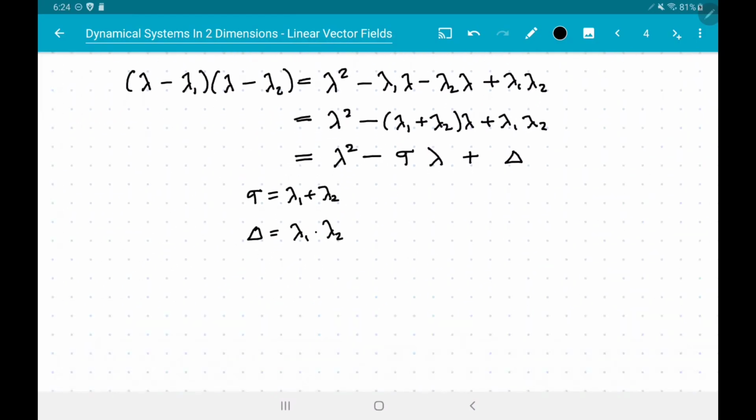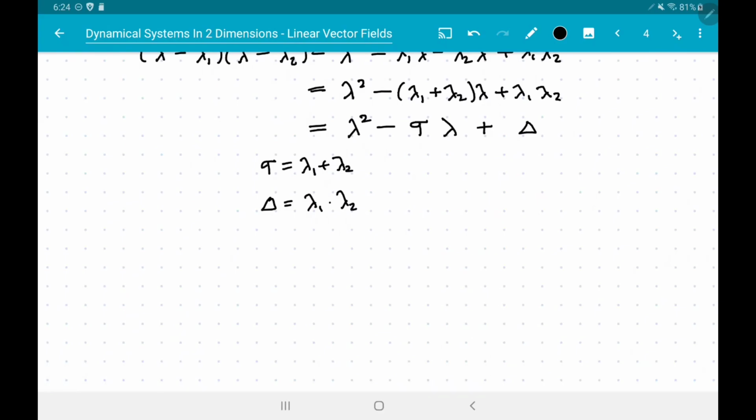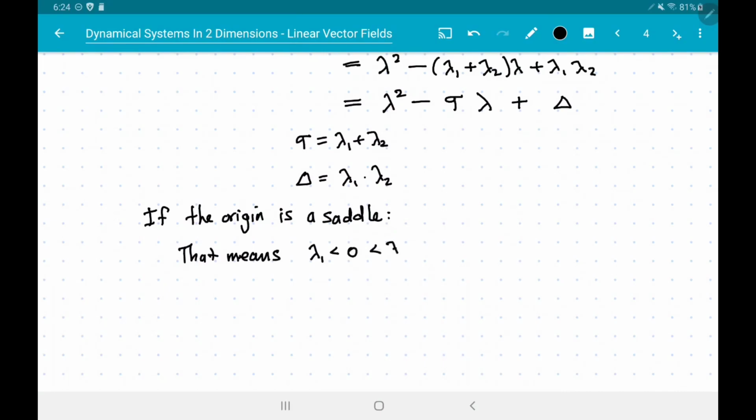Okay, so what does that tell us about this diagram? Well, if the origin is a saddle, that means that we've got one negative eigenvalue and one positive eigenvalue.